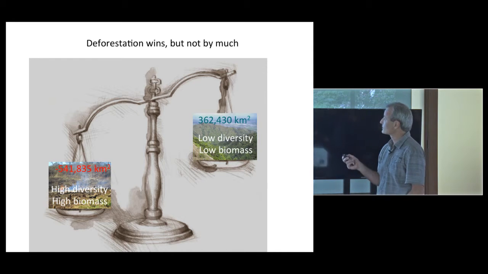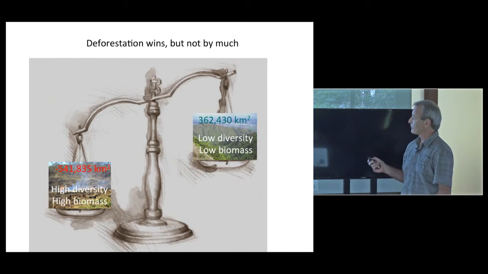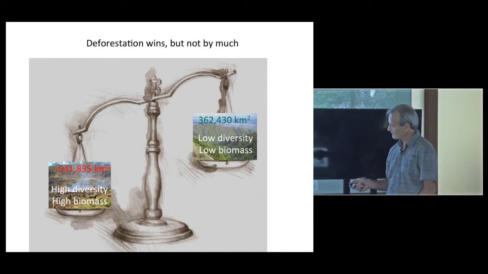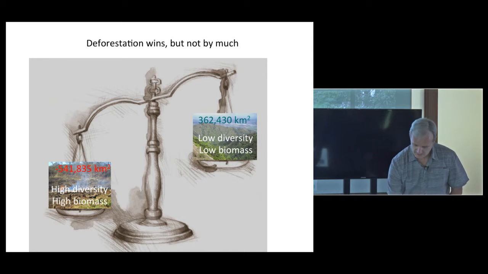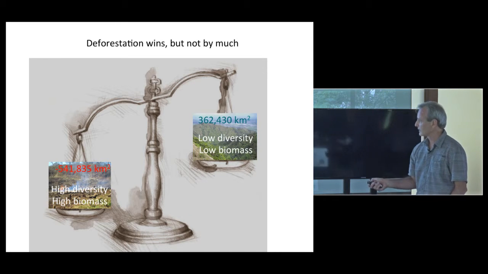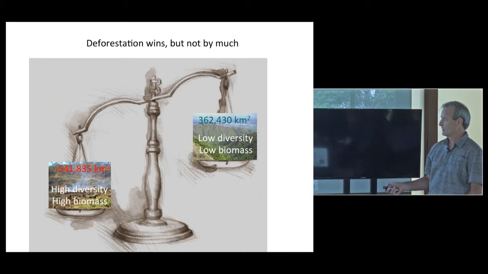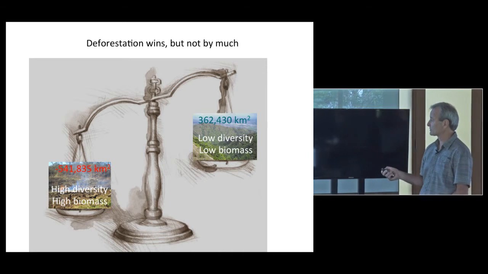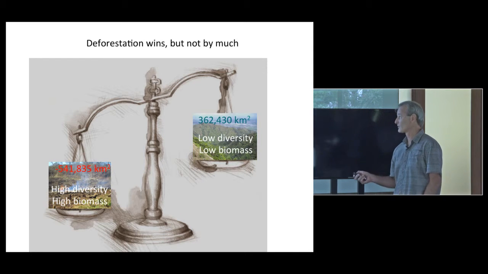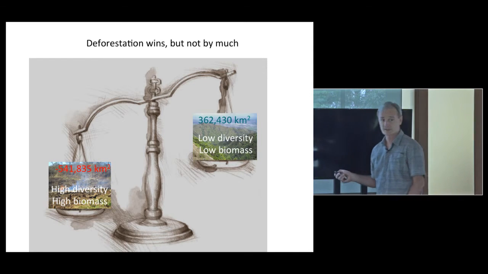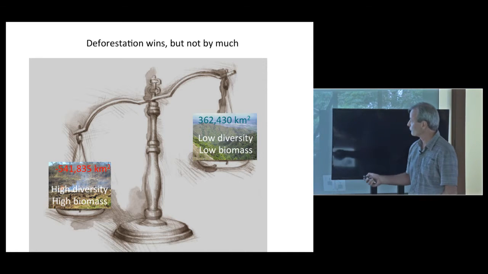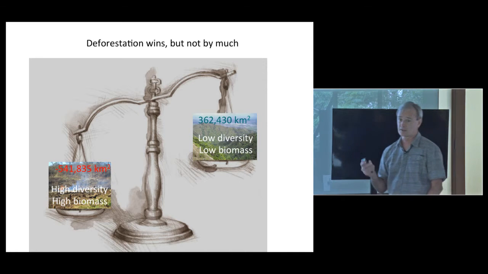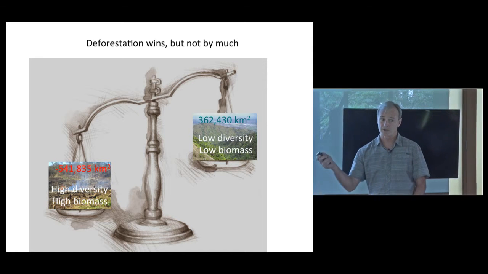So, deforestation wins, but not by much. And again, you have to be careful with this because we all know that the areas that are getting deforested are high diversity, high biomass, while the places that are reforesting are low diversity, low biomass. You might have noticed that a lot of the areas that are reforesting are in drier areas.